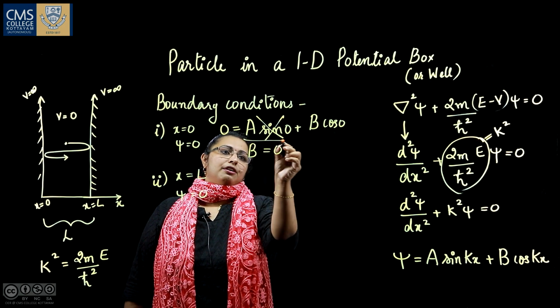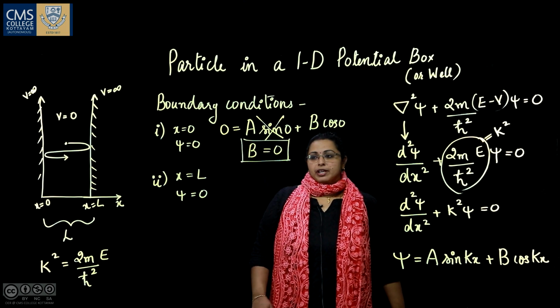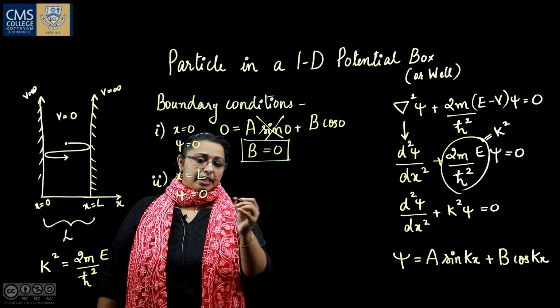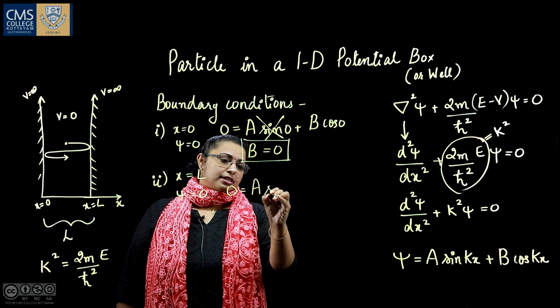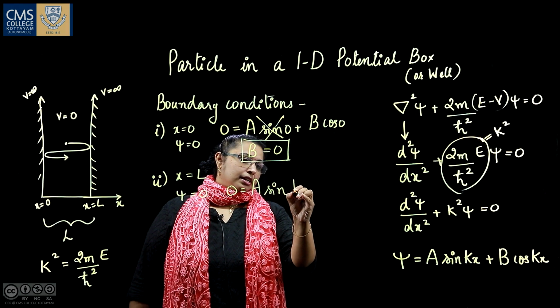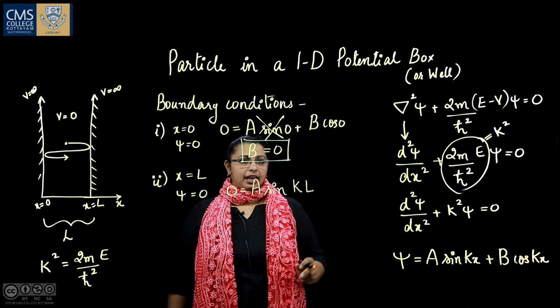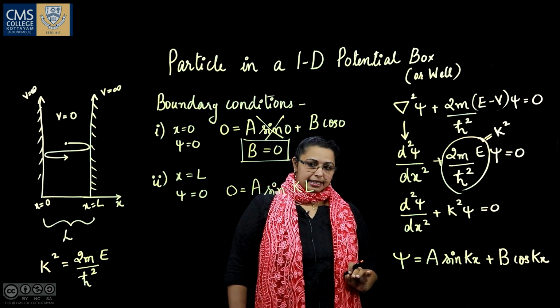So you get the value of the first constant, B is equal to 0. Now applying the second condition, psi, again 0, is equal to A sin KL plus B cos KL, but you already know the value of B is equal to 0, therefore you need not take that term.